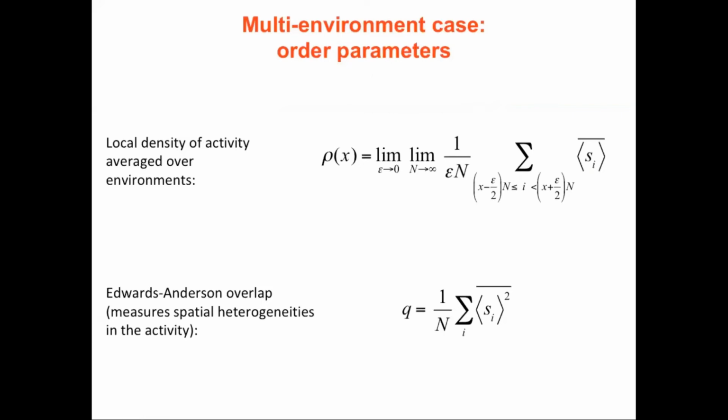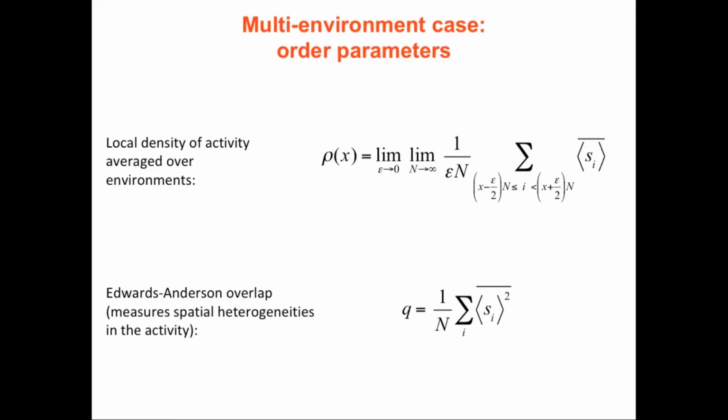And we compute the average activity of neurons whose positions are around x, within some epsilon, but epsilon will be sent to 0 eventually. We define the average density of these neurons as rho of x. So it's a number between 0 and 1, which depends on the continuous variable x.